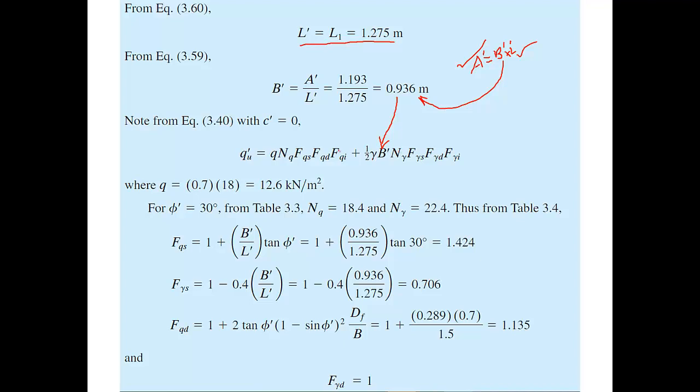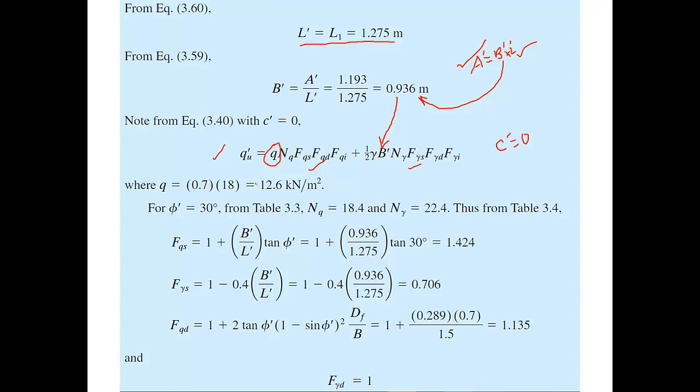So now we need to use this formula, and C prime is 0. Since C prime is 0, first term of this equation would be 0. Only middle and the last term would be here. So one thing still remains to calculate, the value of Q. So we can see that depth of the footing is 0.7, right?